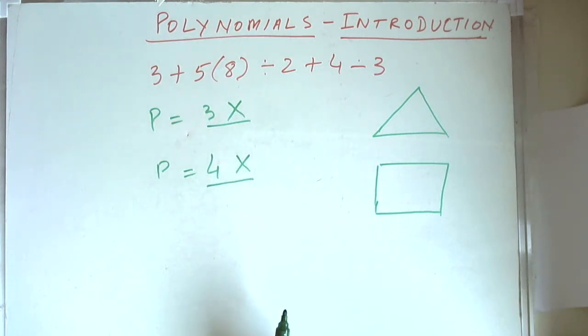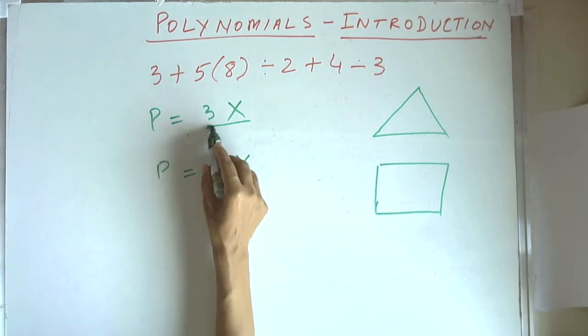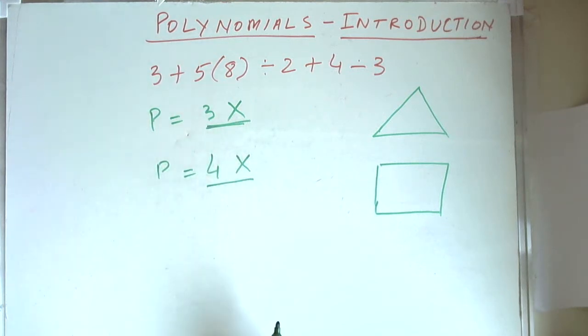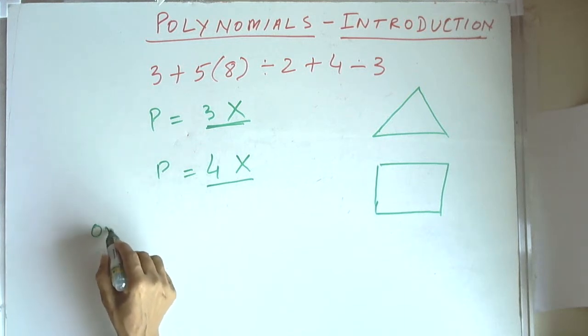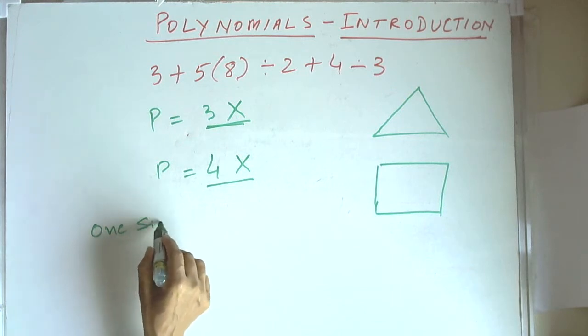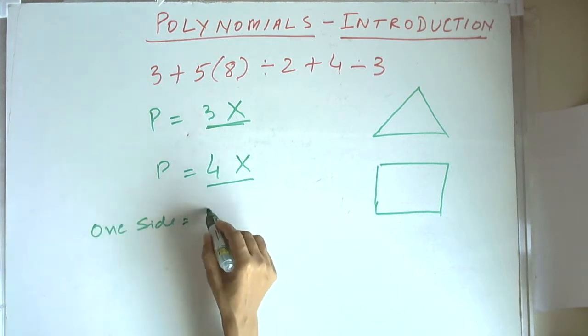So for example, if we want to find out the perimeter of an equilateral triangle, by applying this formula and by measuring the length of one side, we can find the perimeter. Suppose one side of the triangle is 3 centimeter.